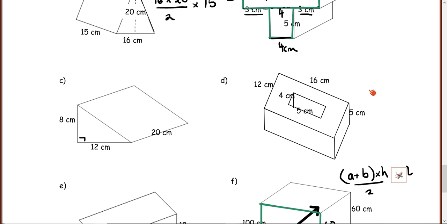What's the cross section on this one? It's not going that way, it's actually going down. The cross section has to be the O shape. And we go down, because the O shape goes all the way through, or at least we assume it does. So we've got to work out the O shape.